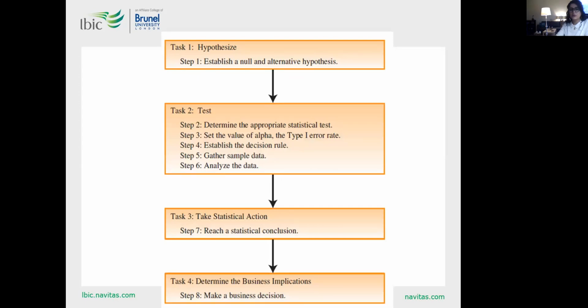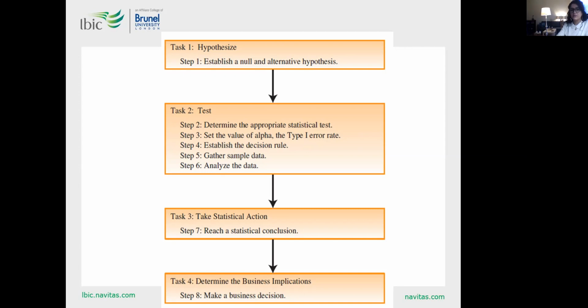I think you saw this diagram in the previous lecture. It tells you that first of all, we need to establish two hypotheses, null and alternative. Then we need to do a test to determine whether a test is statistically significant or not.